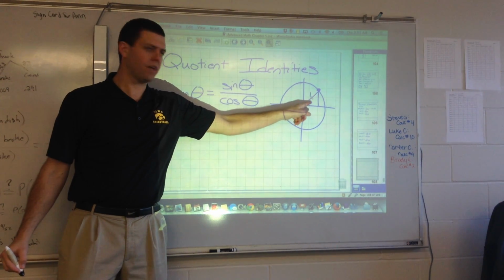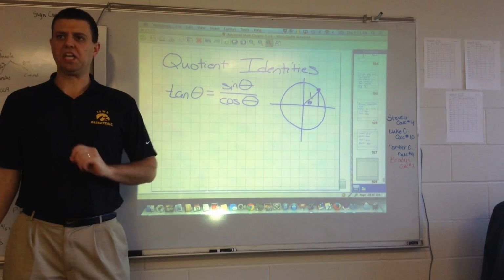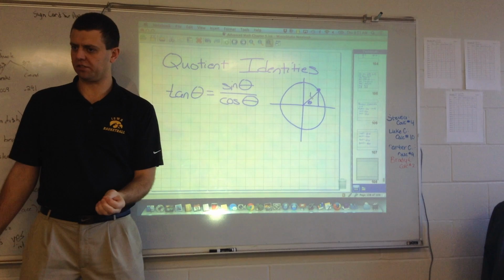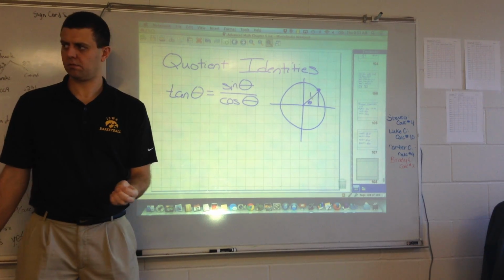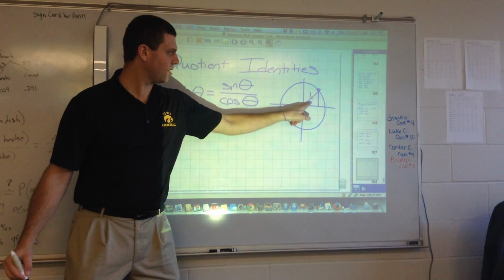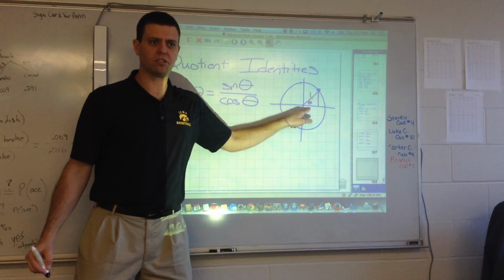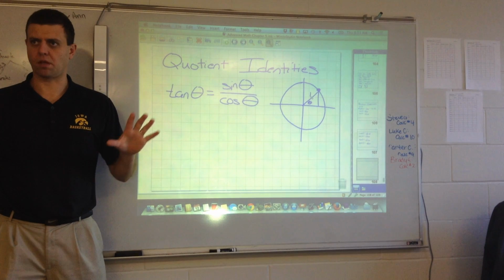Tangent of theta is opposite over adjacent, right? So the tangent of this angle theta would be this opposite side over this adjacent side, right? We agree with that?